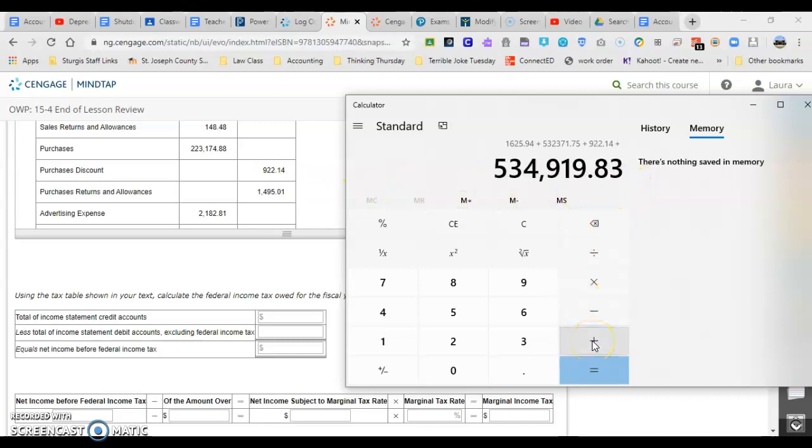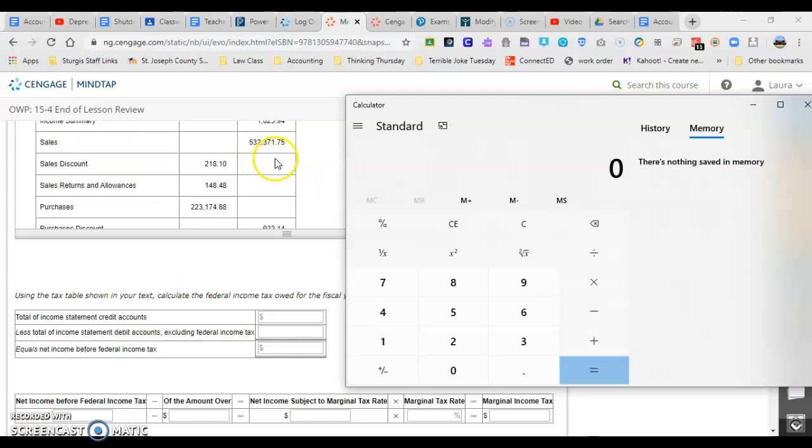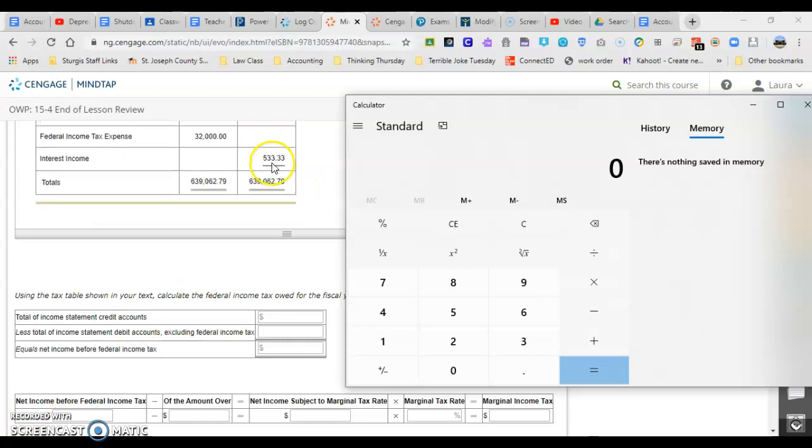I'm not doing a good job here. Okay. I'm not sure I even have this right now. I'm going to pause this and add up all the income statement credit amounts, okay?